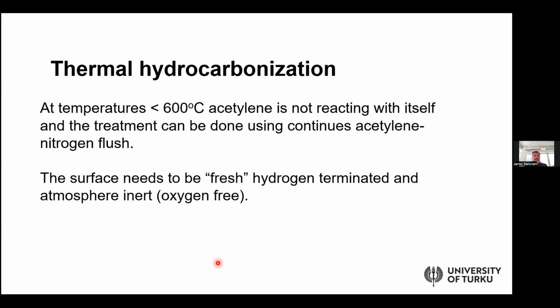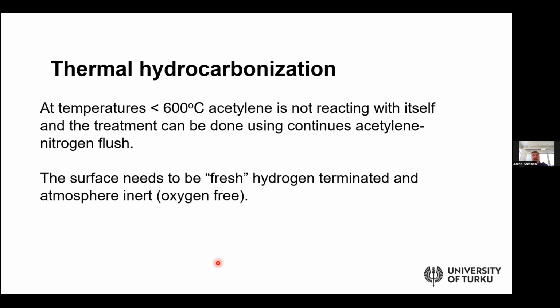There are two different temperature ranges in this carbonization. If the temperature is below 600 degrees, acetylene is not reacting with itself, and the treatment can be done using continuous acetylene nitrogen flush.